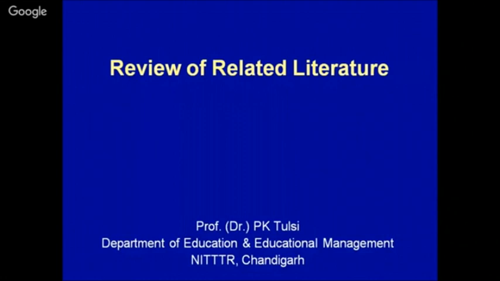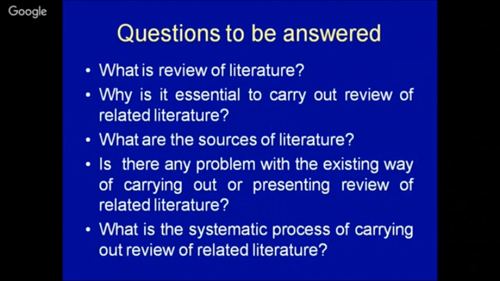So when we say review of related literature, a number of questions need to be answered. The very first question is, what is review of related literature? Second is, why is it essential to carry out the review of related literature? What functions, what purposes does review of related literature serve for the researcher?